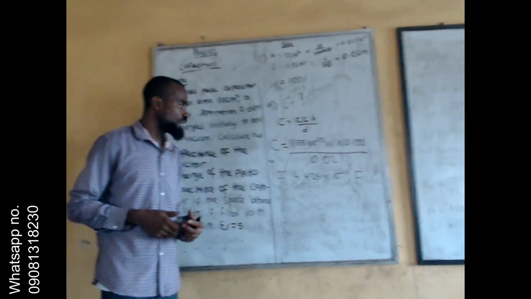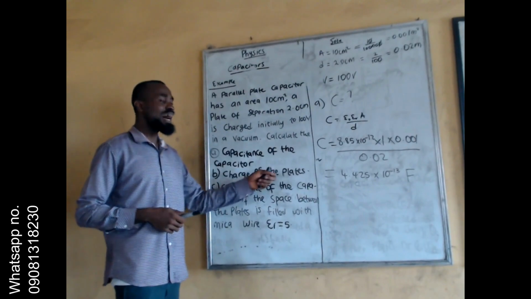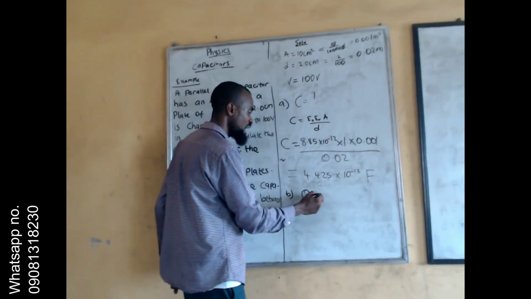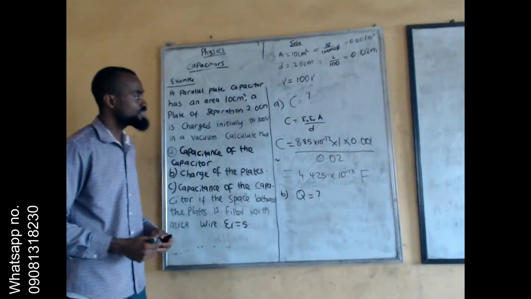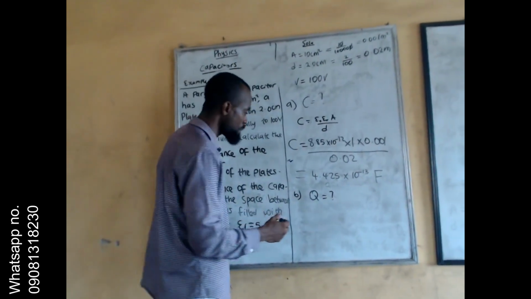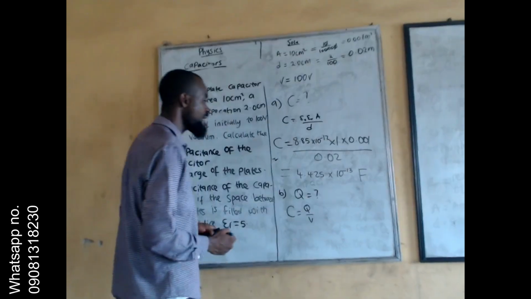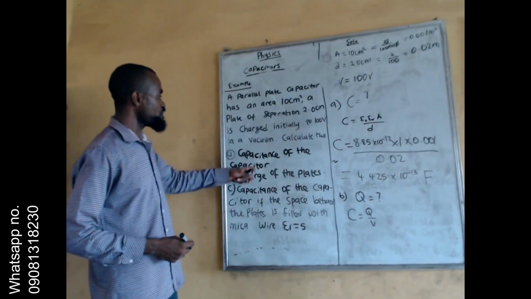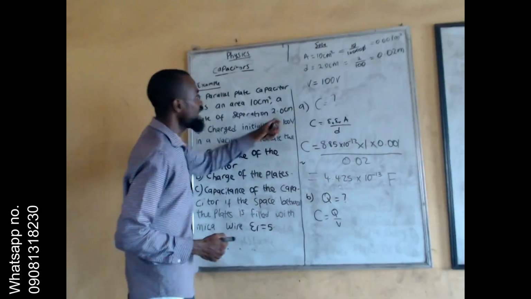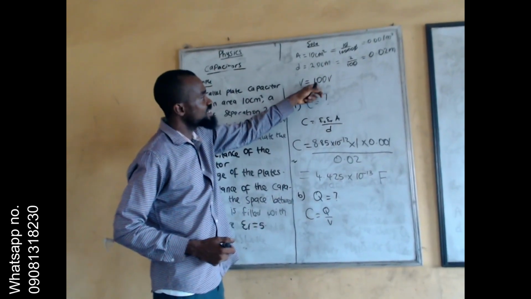Now that we have our capacitance, the other question is to calculate the charge on the plates. In question B, we are looking for the charge on either plate. To calculate it, we use the other formula for capacitance, C is equal to Q over V. This is a follow-up from the previous question. We already have the capacitance and the potential difference across the plates.